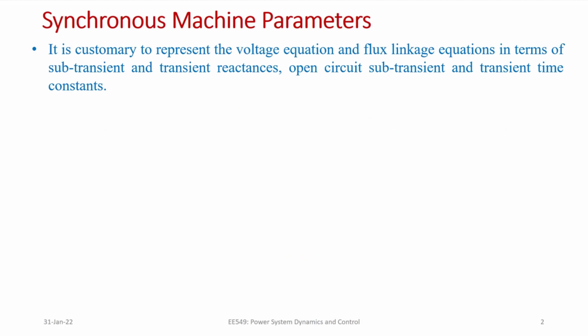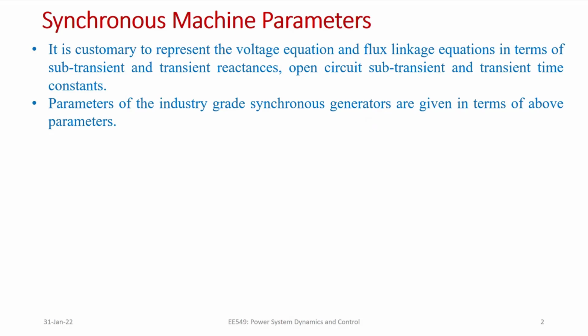For synchronous machine parameters, it is essential to represent the voltage equation and flux linkage equations in terms of subtransient and transient reactances, and open circuit subtransient and transient time constants, because the parameters of industry grade synchronous generators are given in terms of the above parameters.